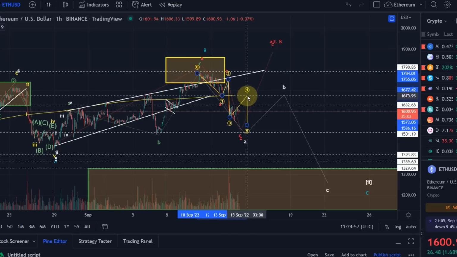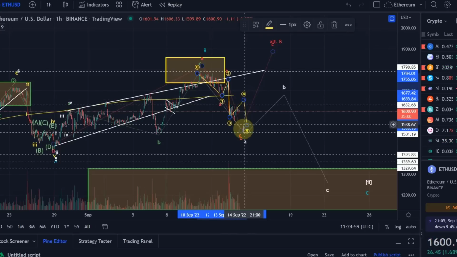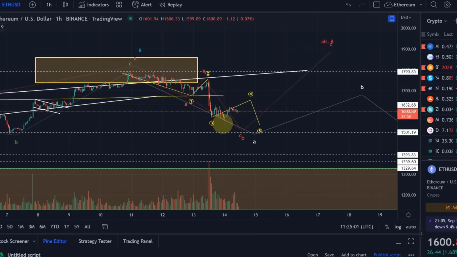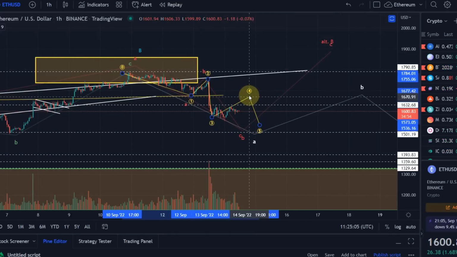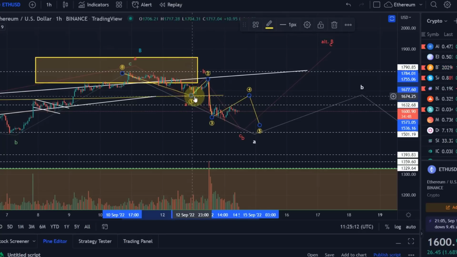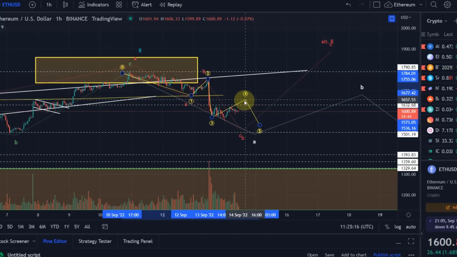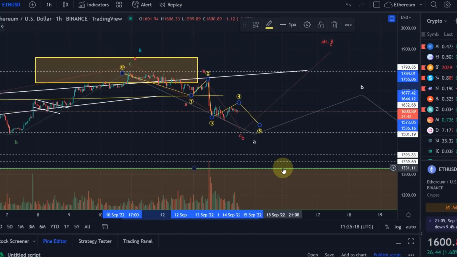So the key level that would make the red wave count very likely, because 1632 is only the initial signal, is 1680, the low of the wave 1. The move to 1900 would become, in my opinion, very likely if we break above it, because then you have an overlap between wave 1 and wave 4, and that is basically an invalidation of the impulse to the downside.